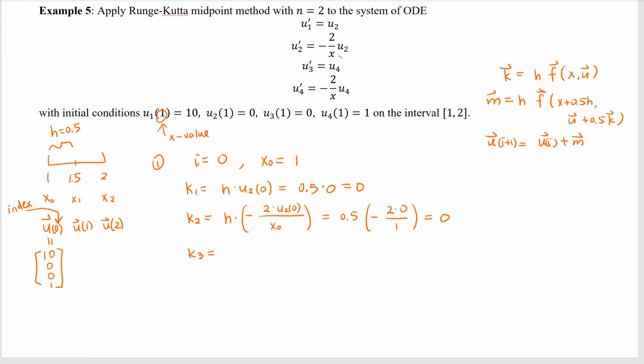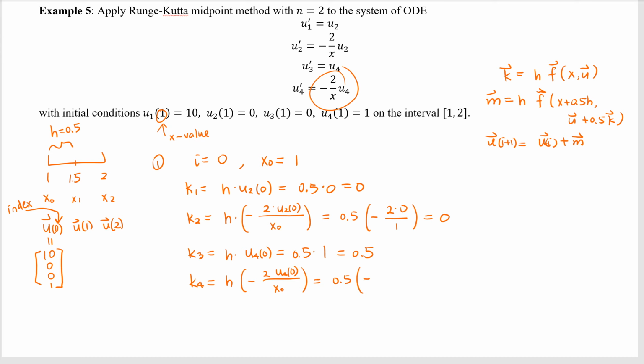K3. K3 is H times F, as F is U4 of 0. H is 0.5. U4 is 1. So the answer is 0.5. Okay, and K4 equals H times minus 2 U4 of 0 over X0.